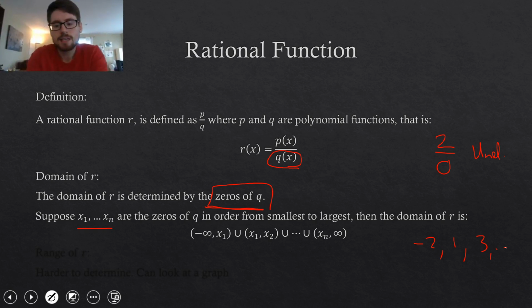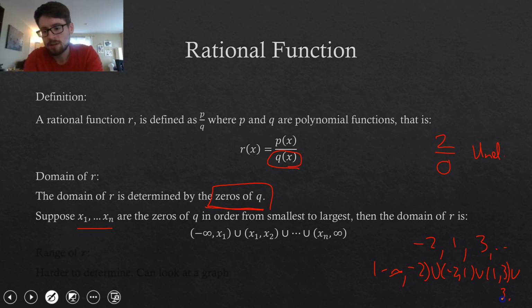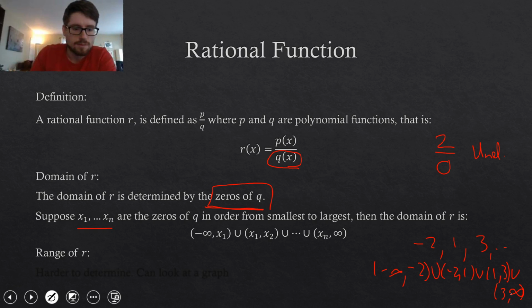So in this case, if we had -2, 1, and 3 as my zeros for Q, my domain would be a bunch of these intervals: -infinity to -2, union -2 to 1, union 1 to 3, union 3 to infinity.